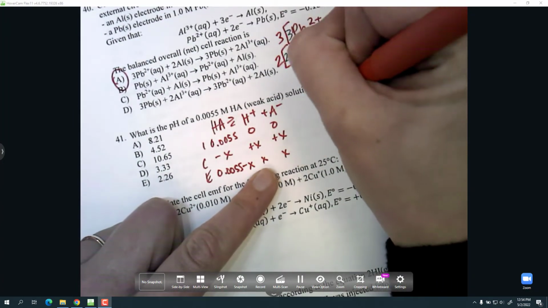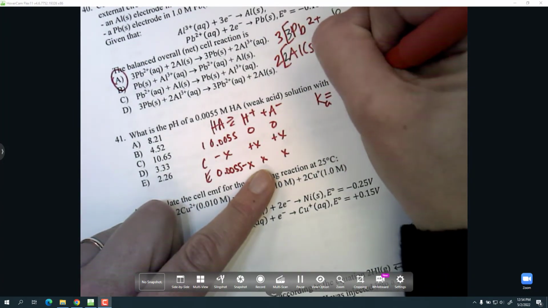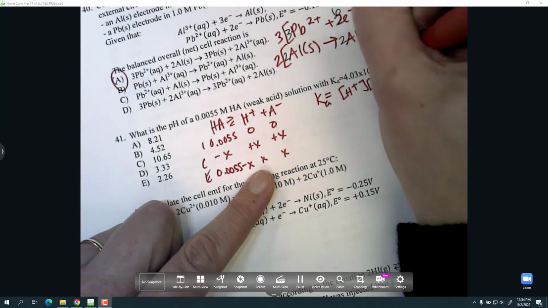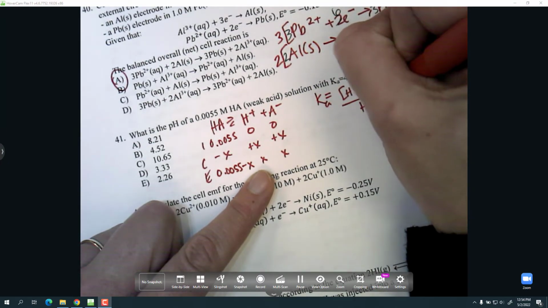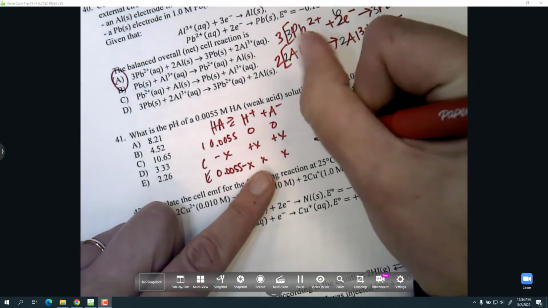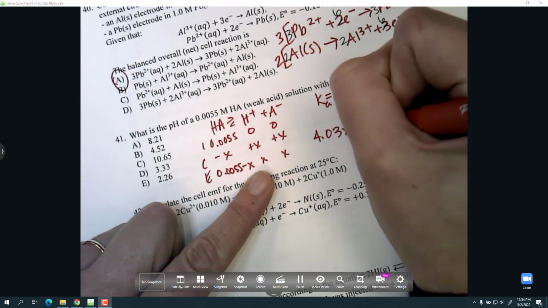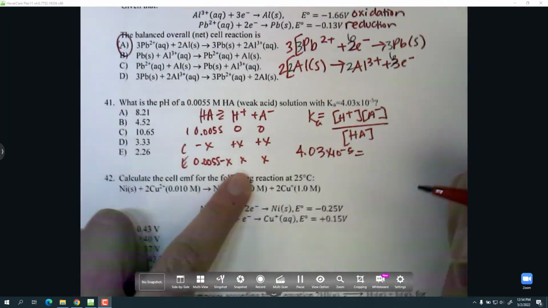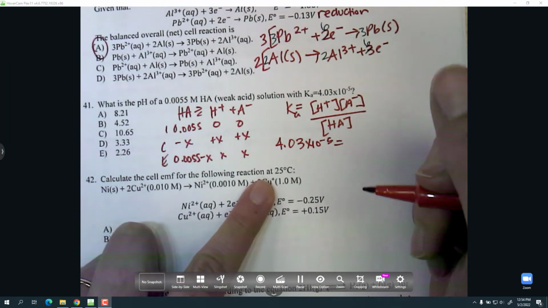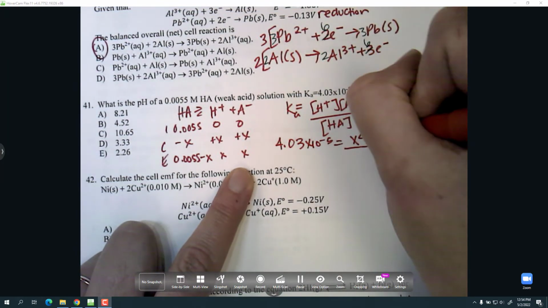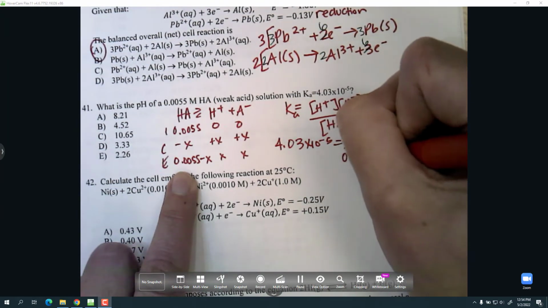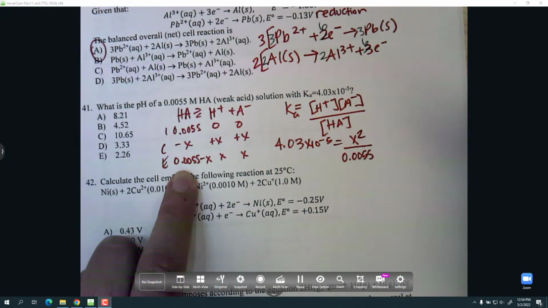And then remember Ka equals H plus times A minus over HA. All right, so put my Ka in, I've got x squared on top. Assuming x is small, I've got 0.0055 on the bottom.